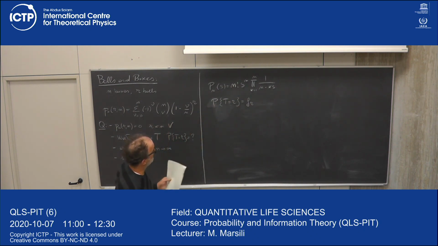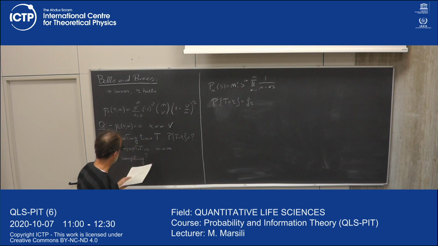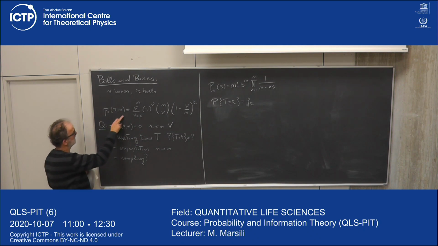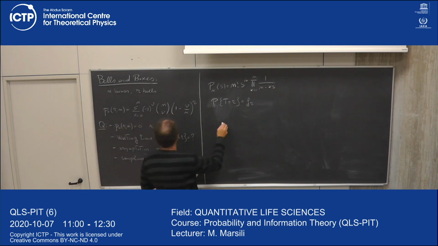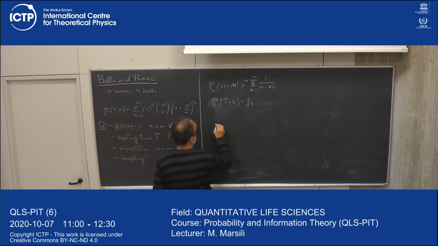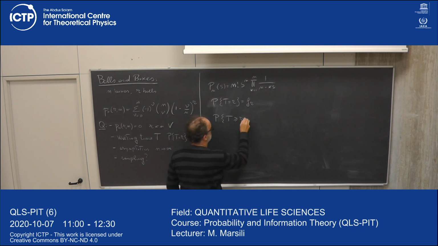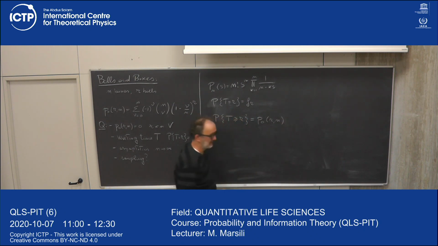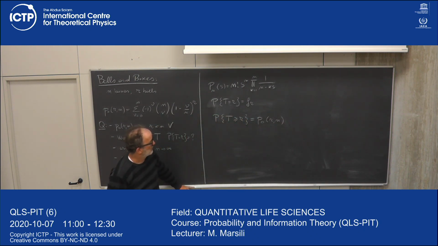And now what you can realize is that this probability, the probability that there are no empty boxes when you put R balls into N boxes, is exactly the probability that T is larger than R. So this is exactly equal to this.